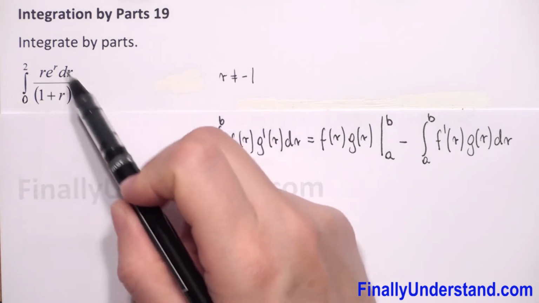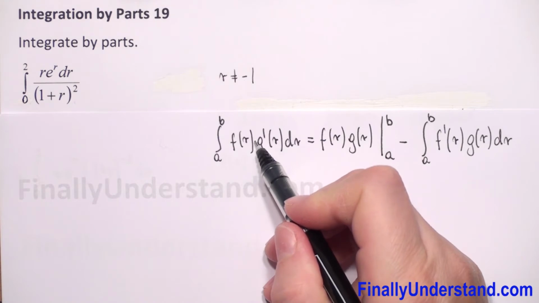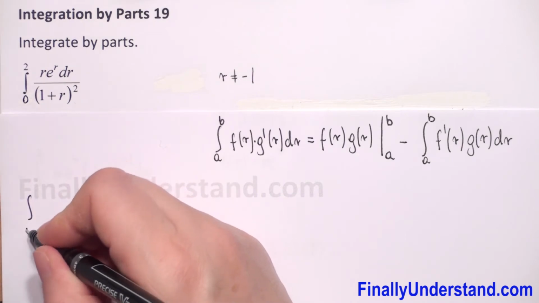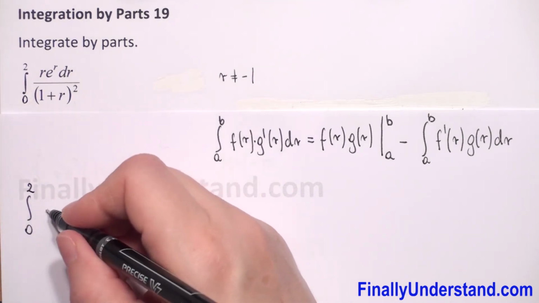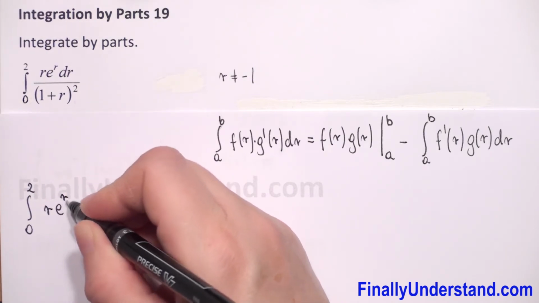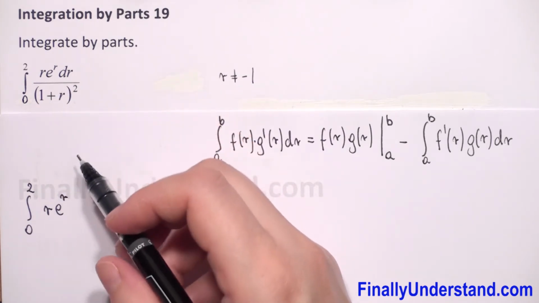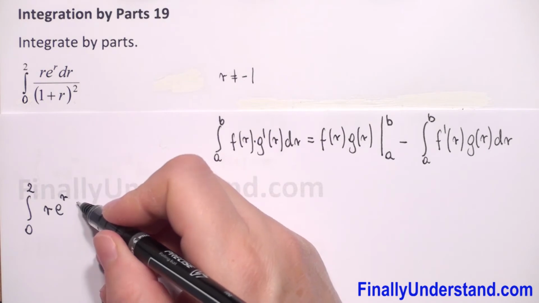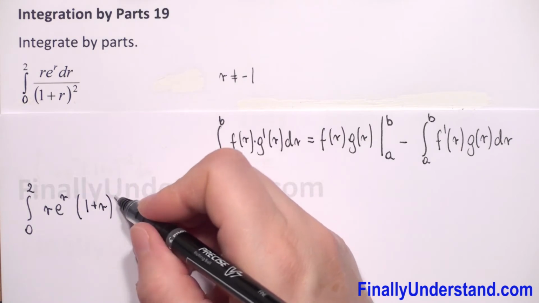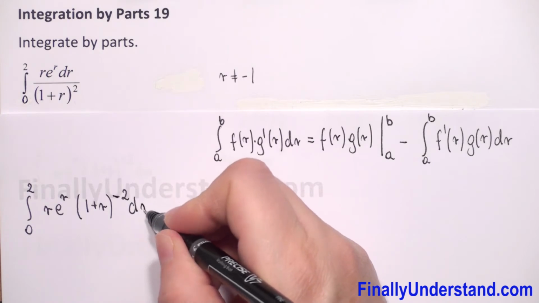So first let me rewrite this expression as a multiplication, because we need to have a multiplication to use this formula. We have the definite integral from 0 to 2, and we can rewrite this as r times e to power r, and we will take this whole expression in parentheses from the denominator to the numerator, so it will be times 1 plus r to power, we need to put a negative sign before 2, with respect to r.